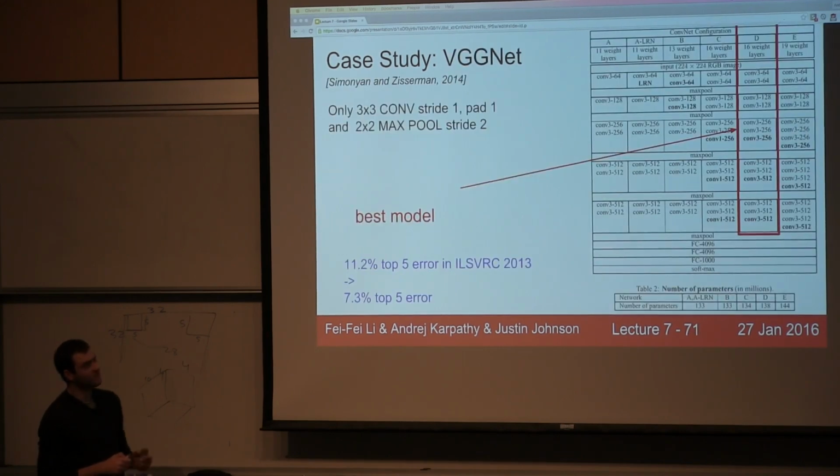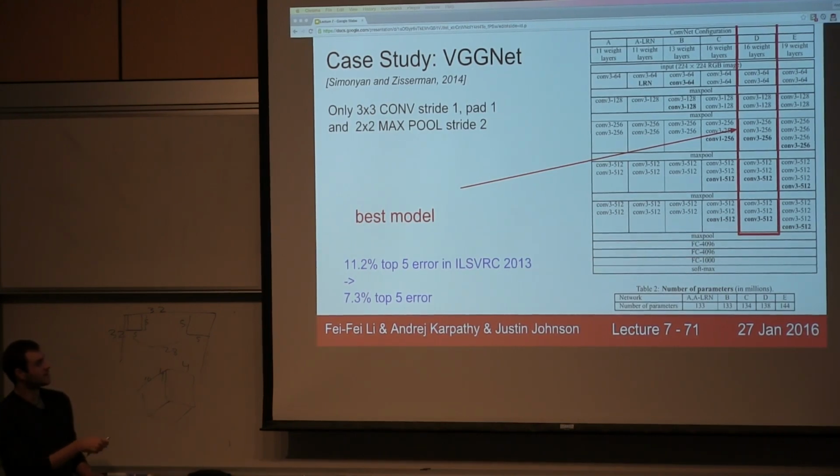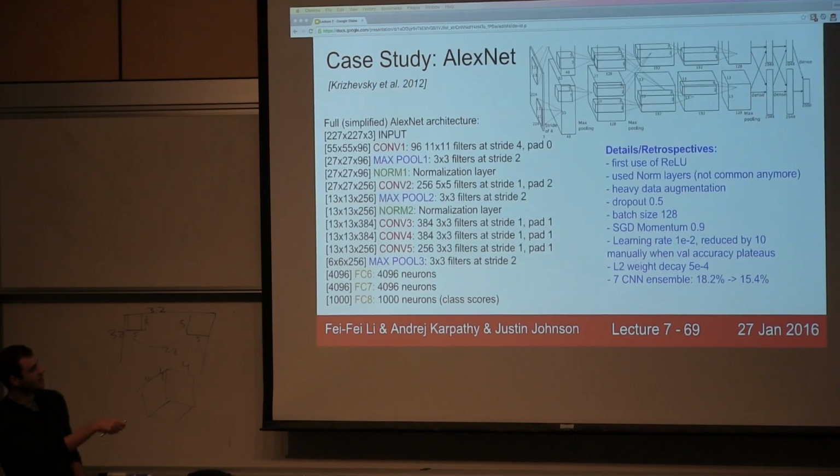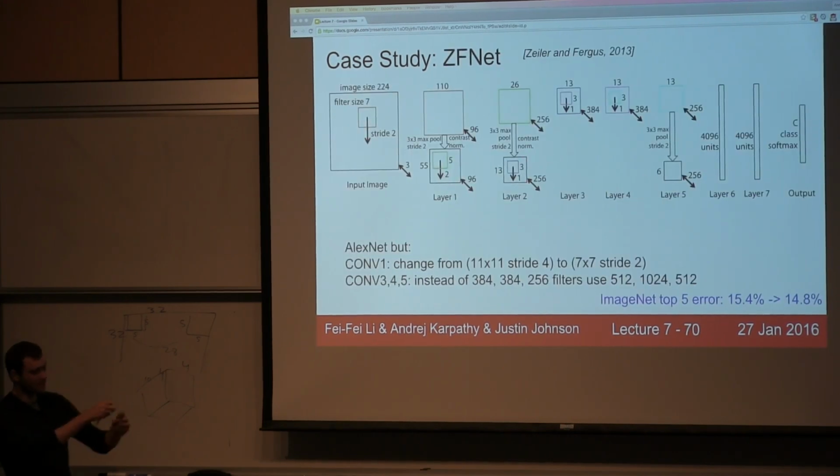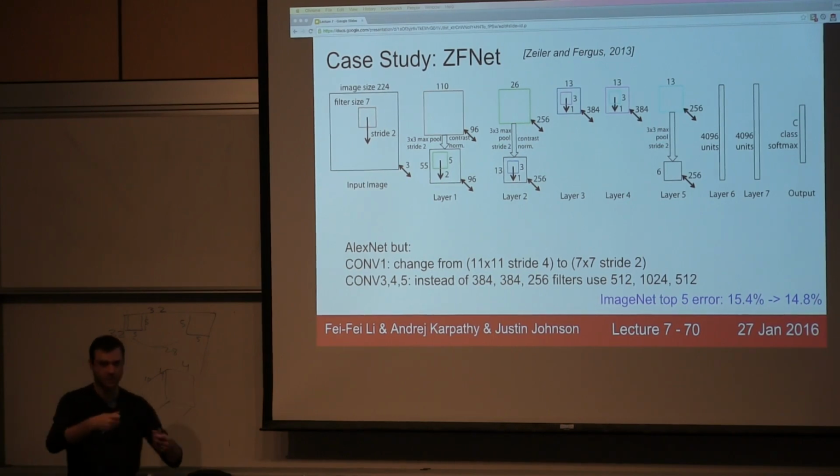Okay, so now we'll talk about VGGNet from 2014, again to give you an idea of what these look like. In the VGGNet paper, they had several architectures that they tried. What was nice and very interesting about this paper at this time was that instead of going kind of crazy with the architectural choices of how many filters and what sizes, there were way too many parameters in how you change the filters.